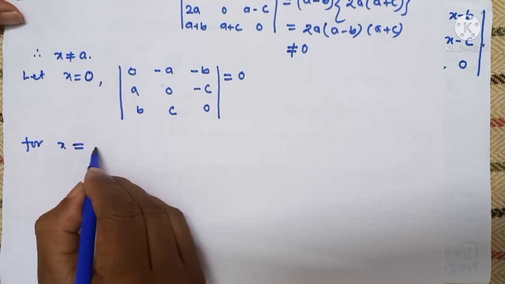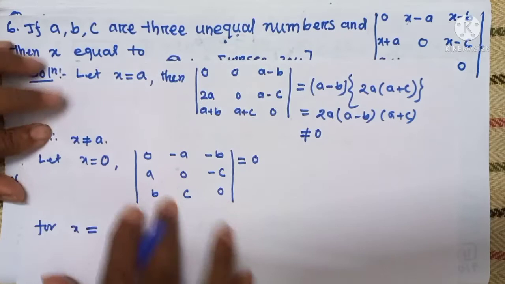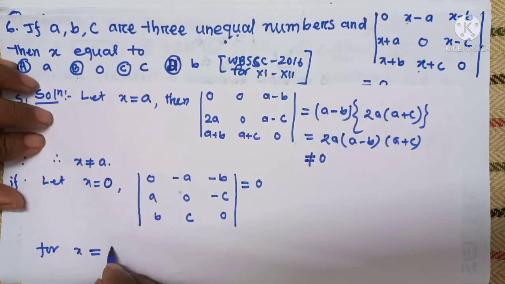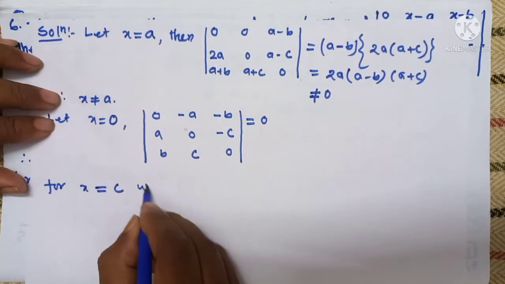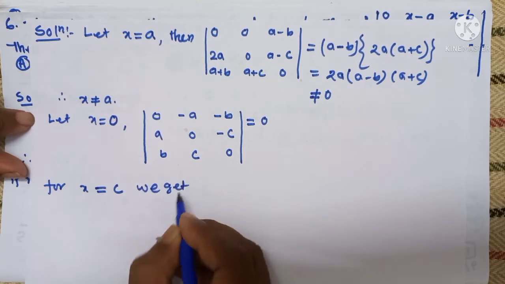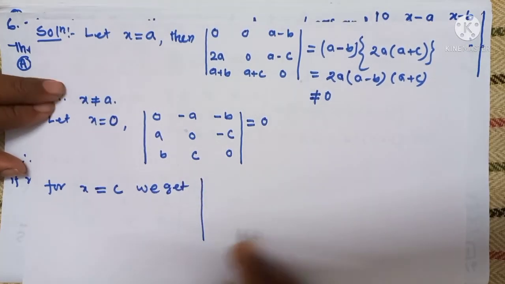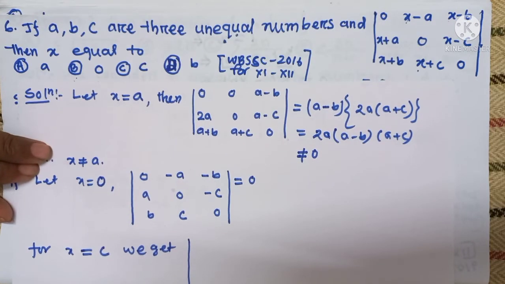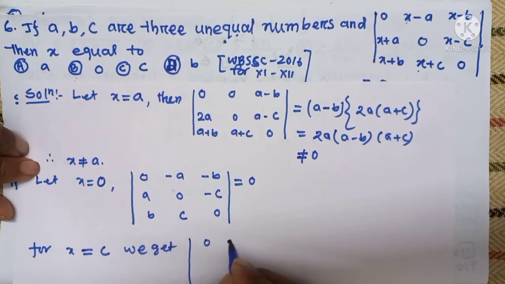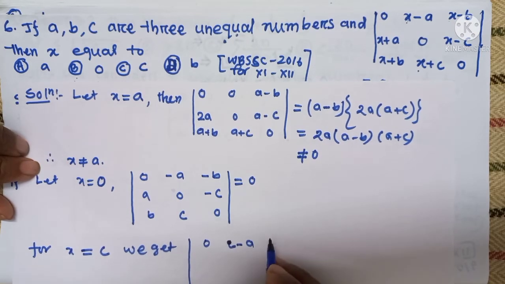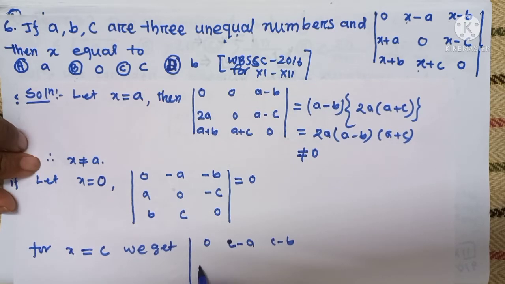For x equal to c, we get 0, c minus a, c minus b; c plus a, 0, 0.